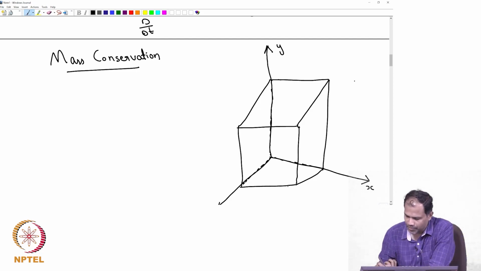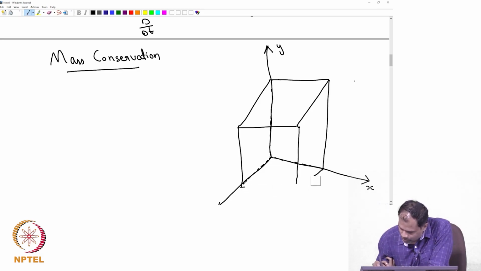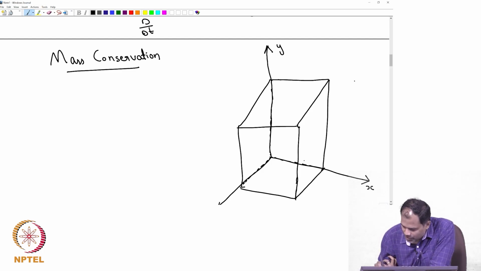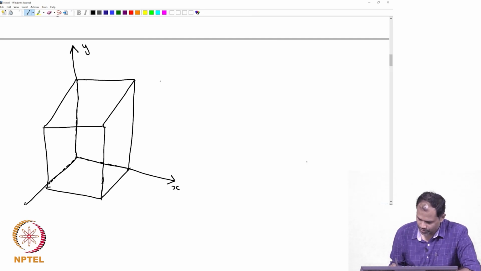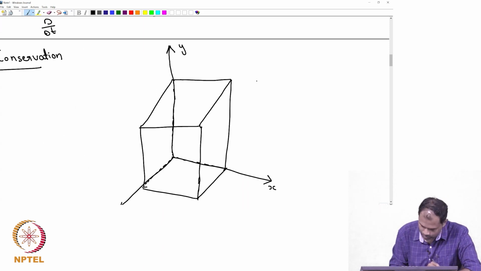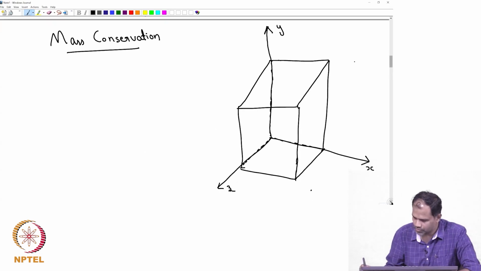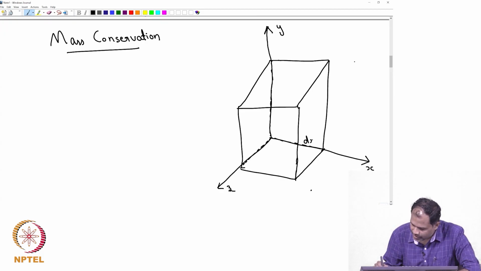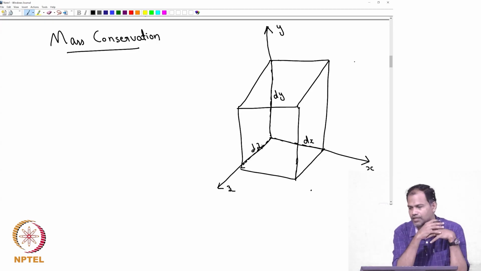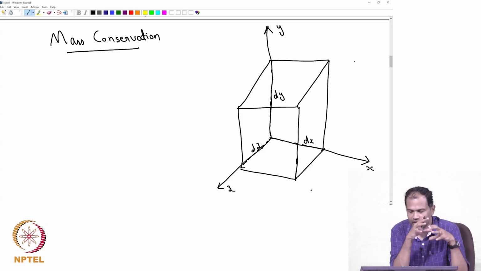So, each of the small elements, let us say this side is dx, this is dy, and this is dz, and let us say there is some fluid that is flowing, and you are looking at a small domain.